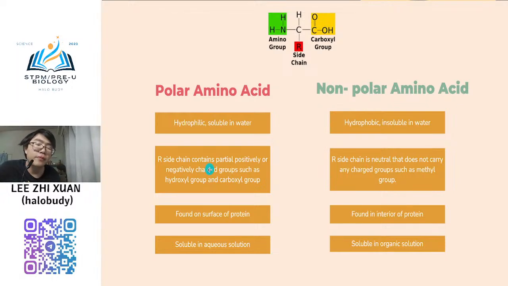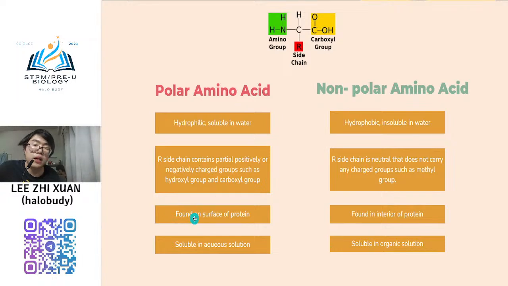And also normally in polar amino acids, your R side chain is either partially positive or partially negative, so it is a charged group. But in non-polar, normally they are totally neutral. There is no charged group there.